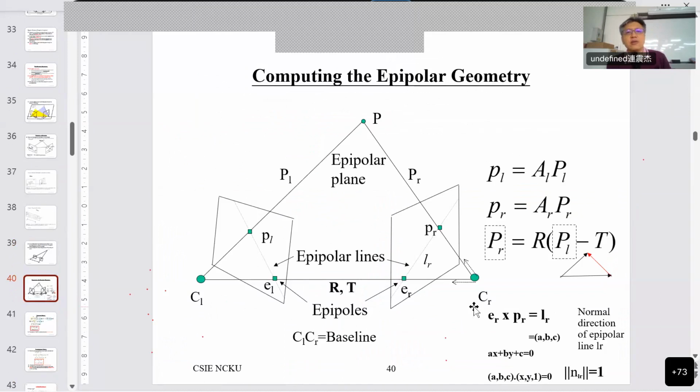So here we go back to the epipolar. Okay, and what I try to teach you is how can we find the epipolar line, this line, and how can we find the corresponding epipolar line here? So here we would like to introduce 2 important terms.